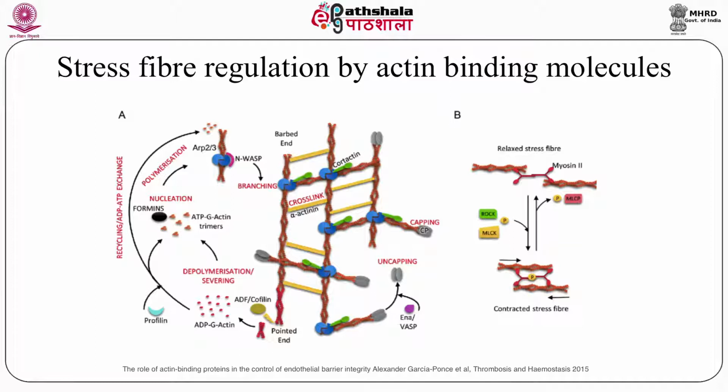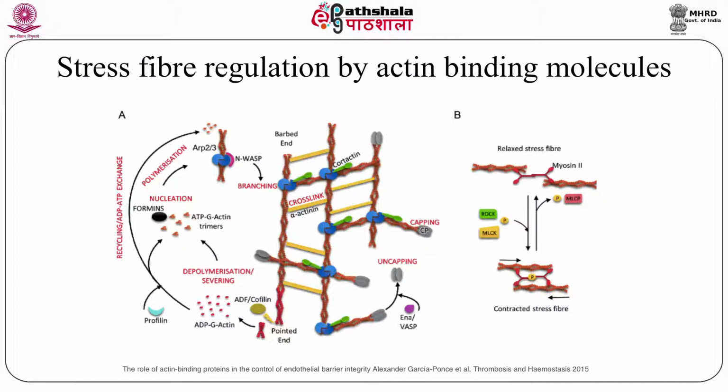The important actin cross-linkers are alpha-actinin, fascin, filamin and spectrin. Cortactin, which is seen as a green colored stabilization factor in between the branches of actin filaments, binds to F-actin and the ARP2/3 complex and stabilizes the actin branches.